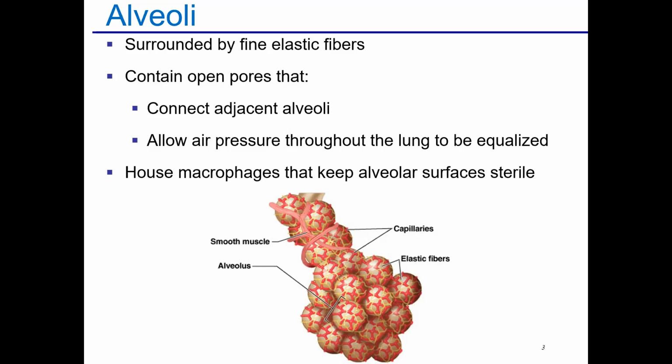Emphysema is a disease that destroys the elasticity of the alveoli, so in a patient with emphysema, the alveoli will expand as air comes in, but they can't relax to push it back out.